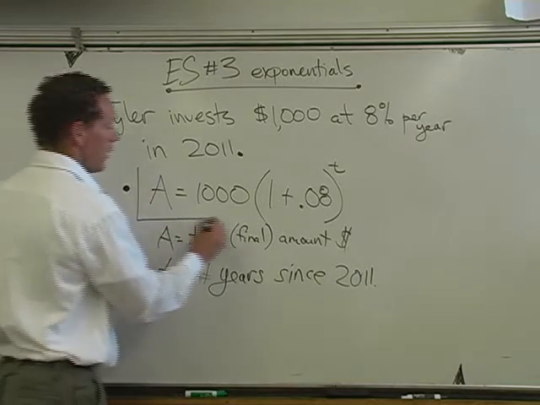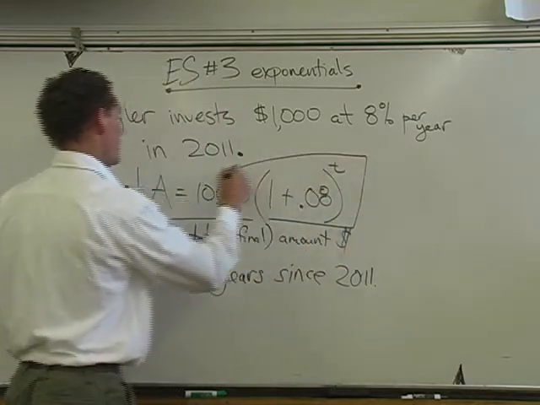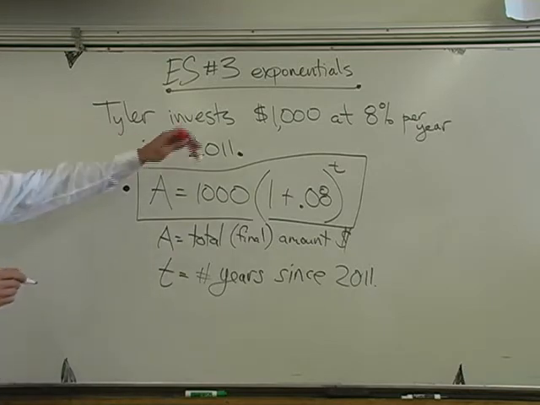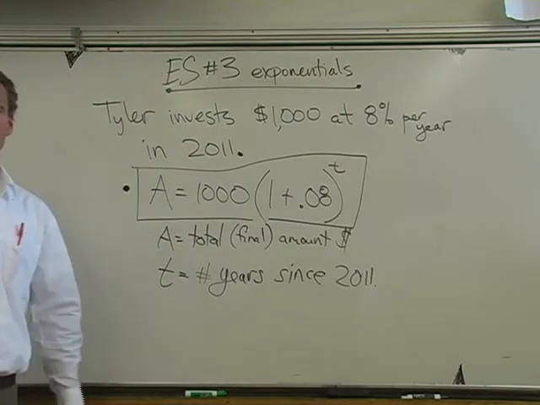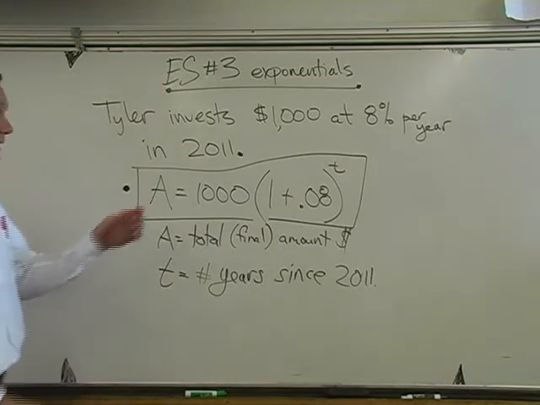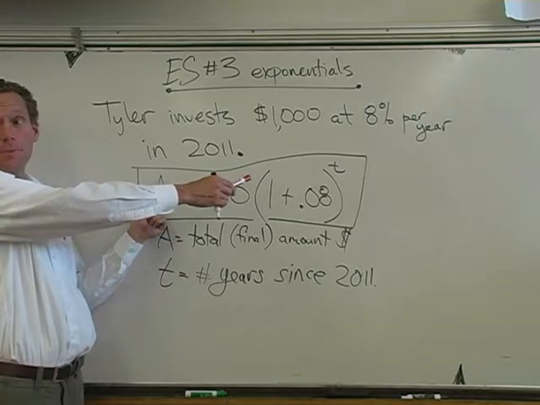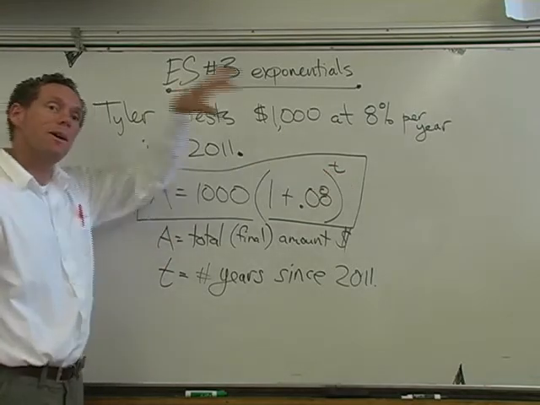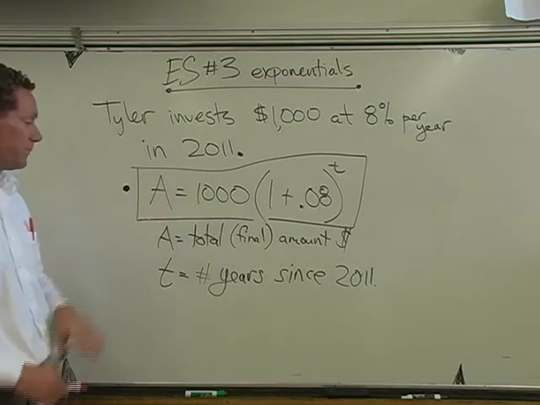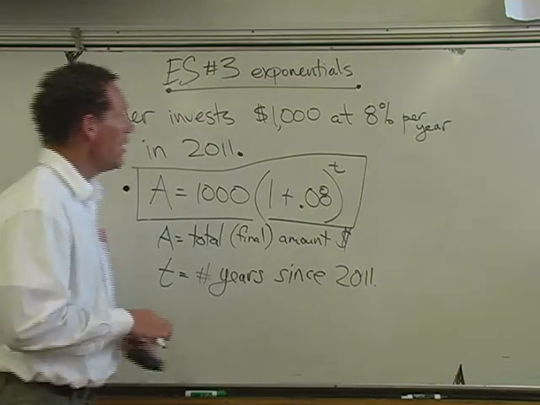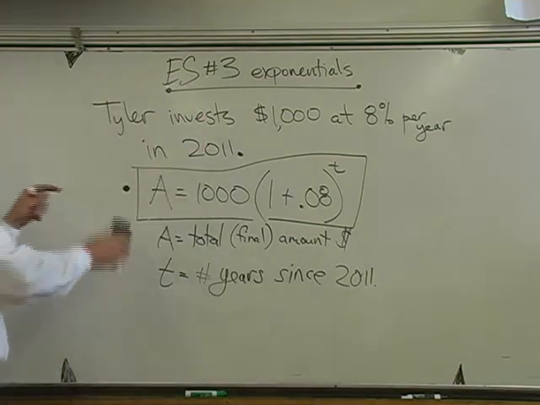Okay, so you will write a formula like that, and you will use that formula to solve a couple other questions. One where you're given an amount and you solve for time, and the other one where you're given a value for time and you solve for the amount. So, question 2 then.